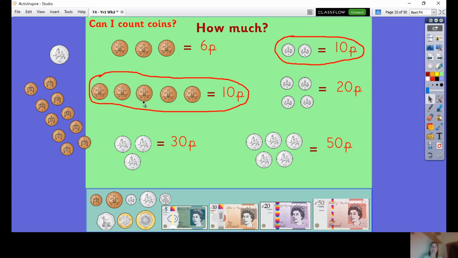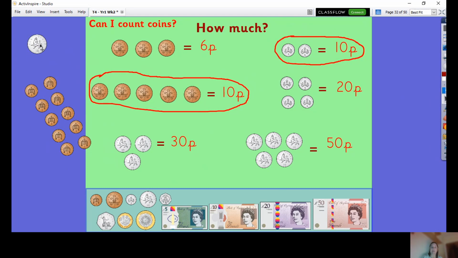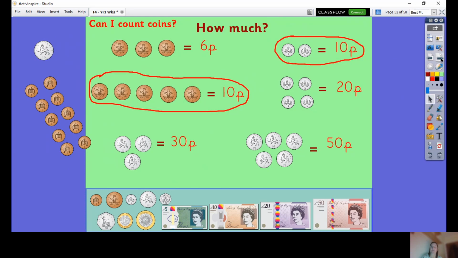Okay, so even though I've got 10 pennies, it is the same as having a 10p. Okay, 10 pennies means 10 pence. I'm hoping that some of us are beginning to understand that. But it will be something that we will come back to again if we're not quite understanding that.